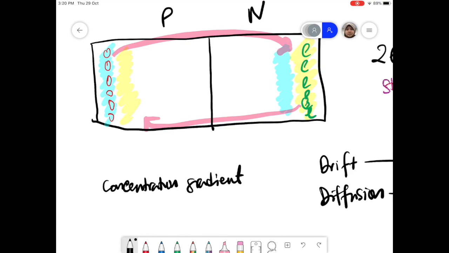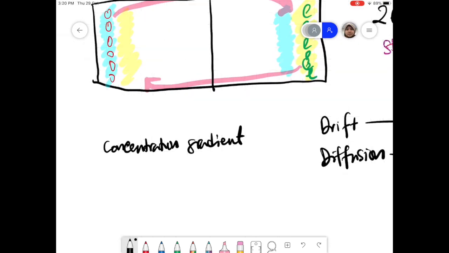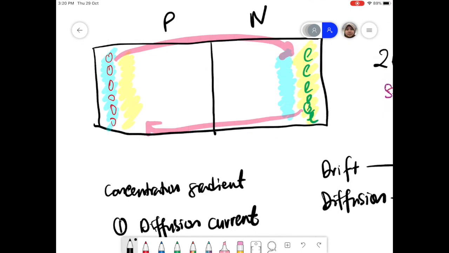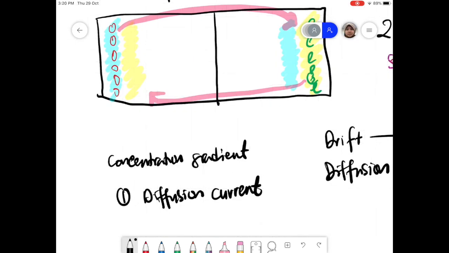So the first thing that will happen when you put a PN junction together is diffusion, and therefore you have diffusion current. So does all of the electrons here go to this side and all of the holes here go to this side, yes or no?